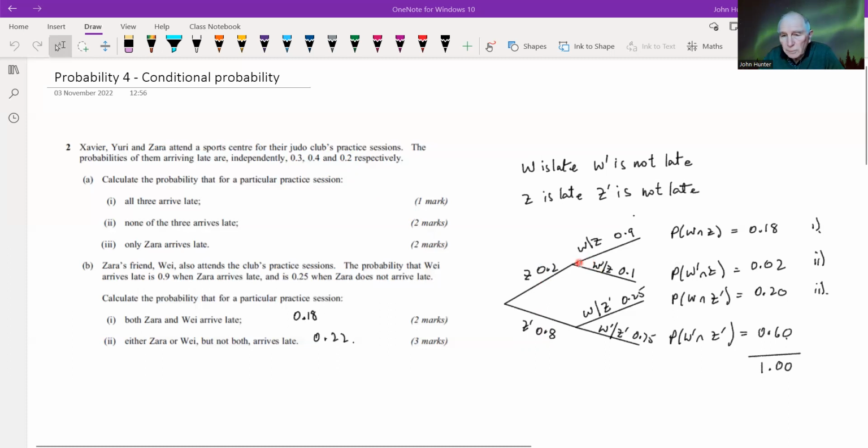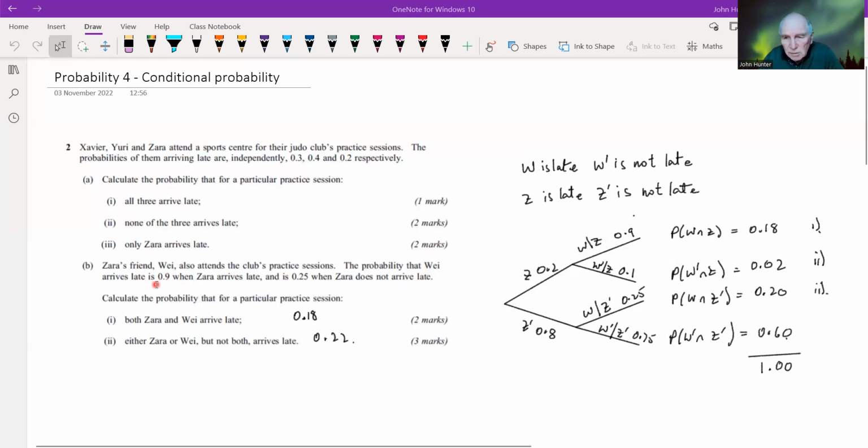Then we've got the probability that Wee is late given that Zara is late. This was the notation and nomenclature that I introduced in the previous video. So the probability that Wee arrives late, given that Zara is late, is this 0.9.